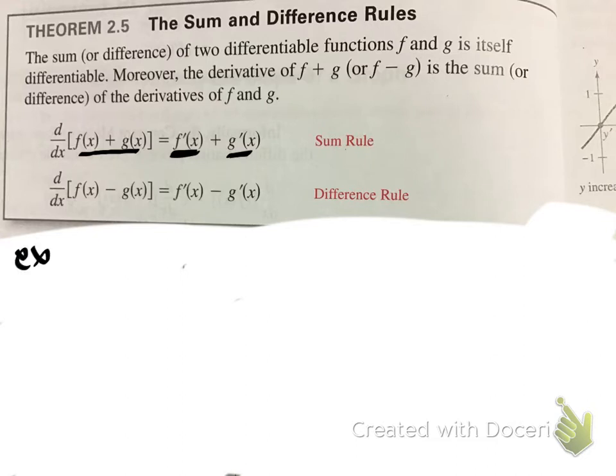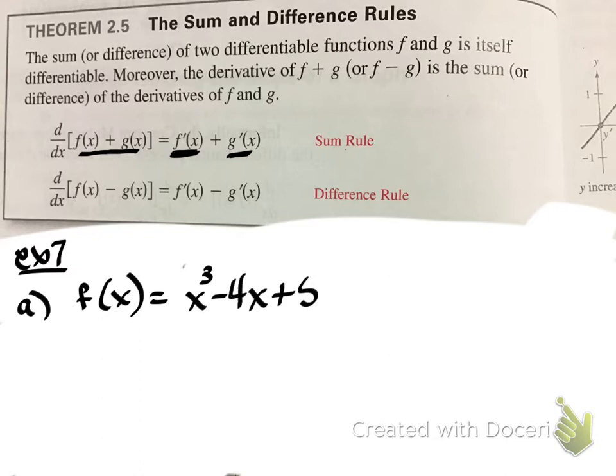So example 7, we get to use this rule. This is super handy. I really should have tried to cover this one during class. So I've got this derivative of this big string of sums and differences. I'm not going to show this step by step, but you've got this thing and this thing and this thing.